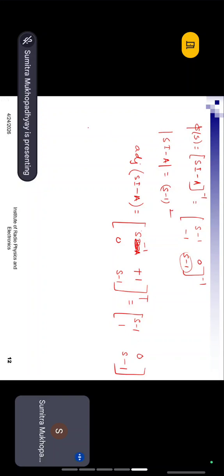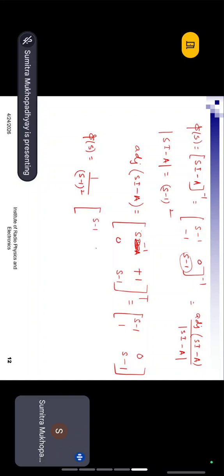Then we have to find phi(s). That means 1 by (s minus 1) whole square. Phi(s), that is (sI minus A) inverse, equals the adjoint of sI minus A divided by the determinant of sI minus A. So that is this matrix divided by (S minus 1) whole square.